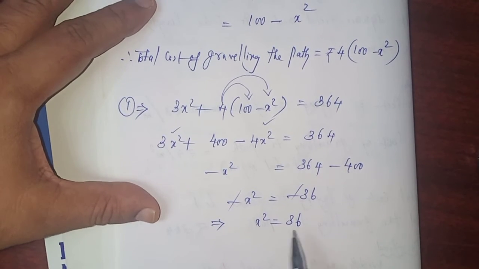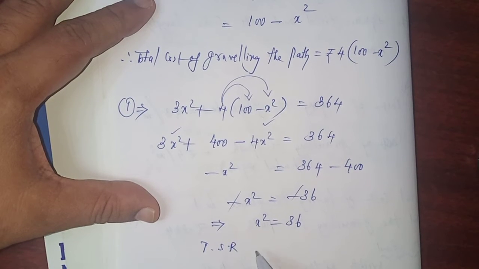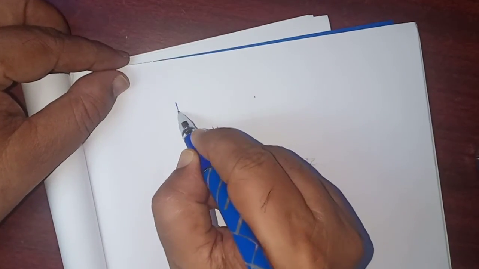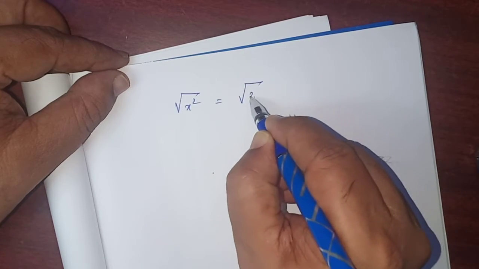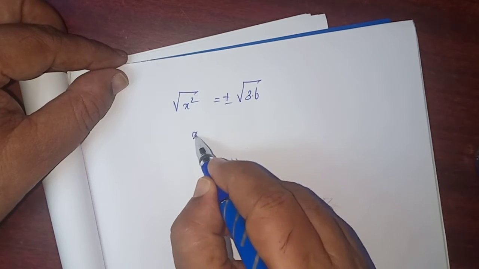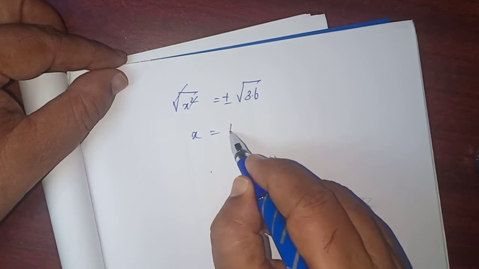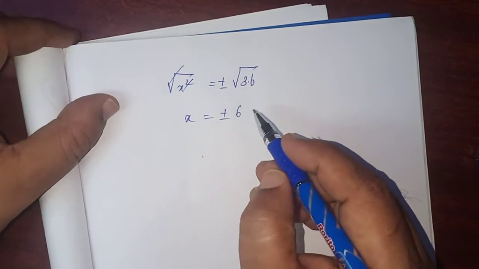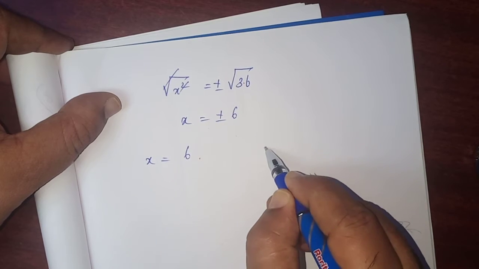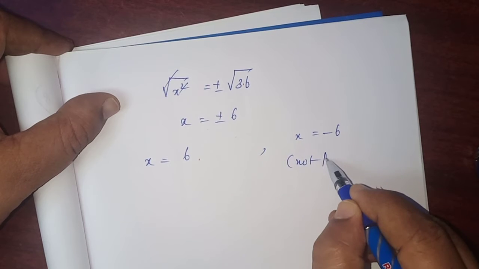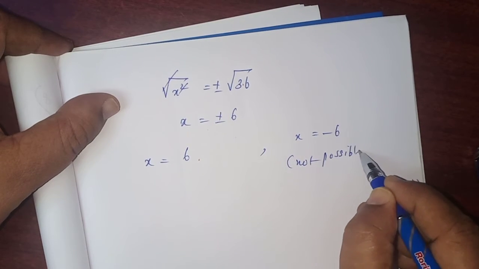For getting x, definitely have to take the square root. Taking square root on both sides, square root of x squared equals square root of 36. Since square is there, I have to introduce plus or minus. Square and square root get cancelled, x equals plus or minus square root of 36, which is 6. 36 is a perfect square number. So we have x equal to 6 or x equal to minus 6. X is the distance. Distance cannot be negative. Therefore, this is not possible.